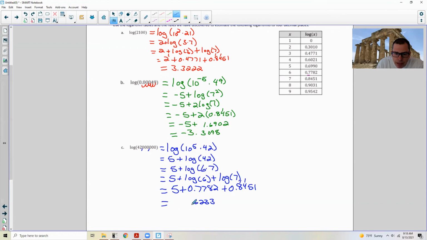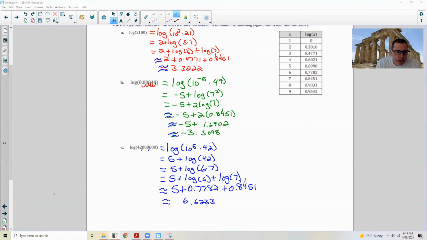Carry the 1 will make that 5 a 6. And I'm using an equal sign here, and wherever I switch from the word log to a decimal, I should say approximately. Same with here, same with here, same with here. Wherever I switch it to a decimal, I'm being really sloppy here. I need to say approximately. So the answer should be approximately 6.6233.